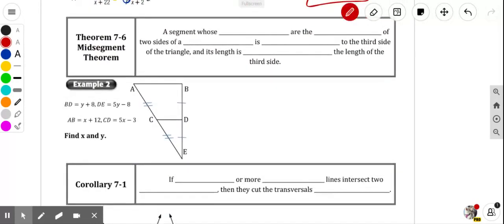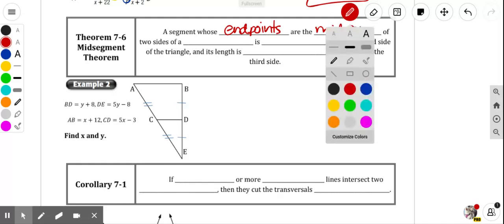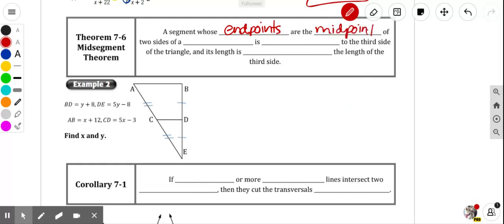Next is the mid-segment theorem. So mid-segment is a new vocab word. A segment whose endpoints are the midpoints of two sides of a triangle, that's what a mid-segment is.